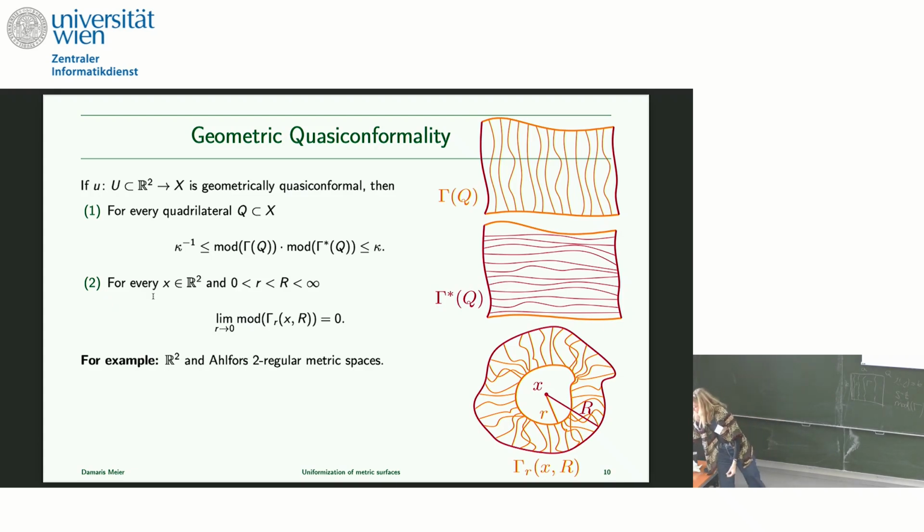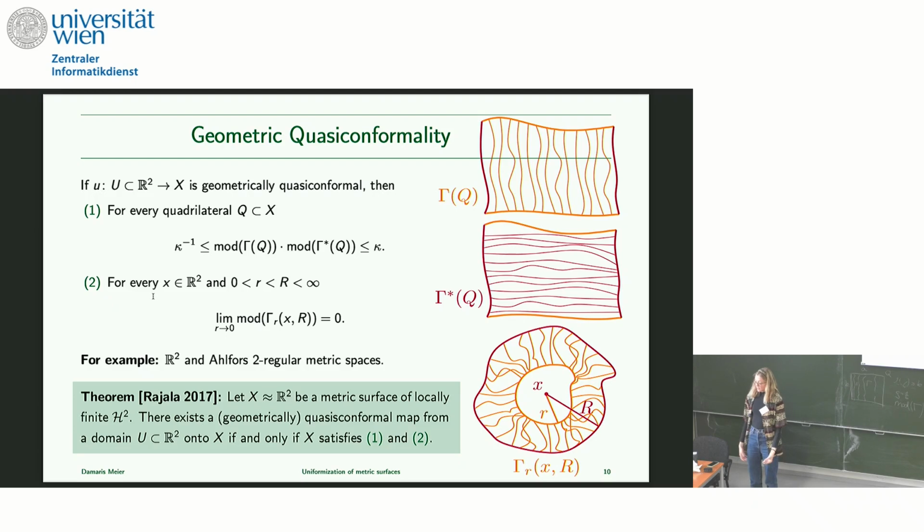And it's a theorem of Rajala: given a metric surface homeomorphic to R2 which has locally finite Hausdorff 2-measure, meaning that locally we have finite area, so it's not a fractal surface in some sense but something that behaves nicely, then we always find a geometrically quasi-conformal map from a domain in R2 onto our surface, a parametrization, if and only if the surface satisfies these two properties.